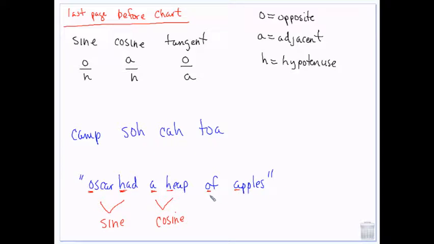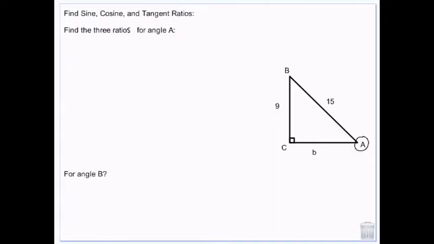And then you have of apples, so that's opposite over adjacent, tangent. I personally think Camp Sokotoa works a little better because it gives you the sine, cosine, and tangent in there. But if it's easier for you to remember Oscar had a heap of apples, either one of these will work. And if you have another method that you can come up with, that works too.